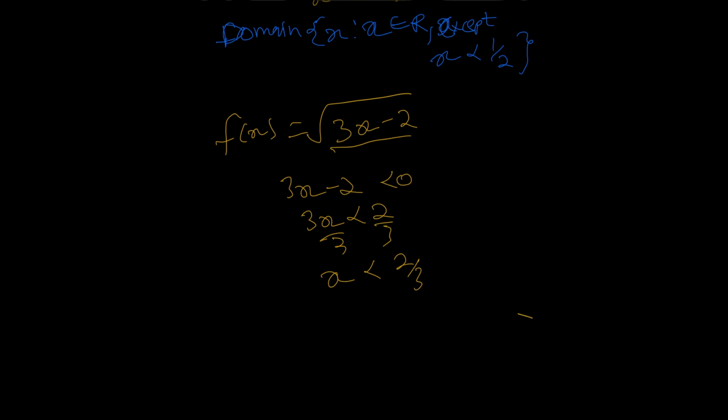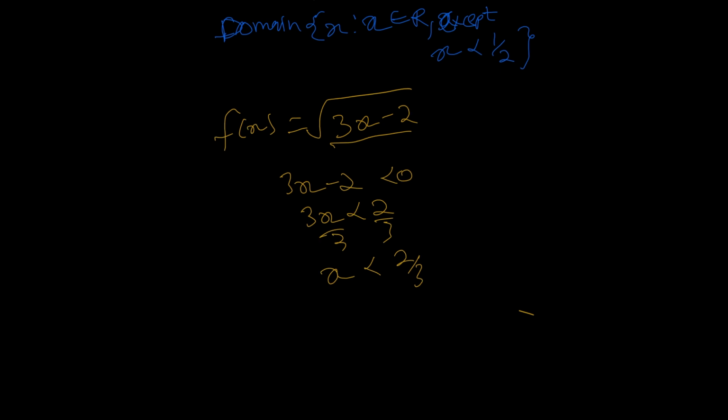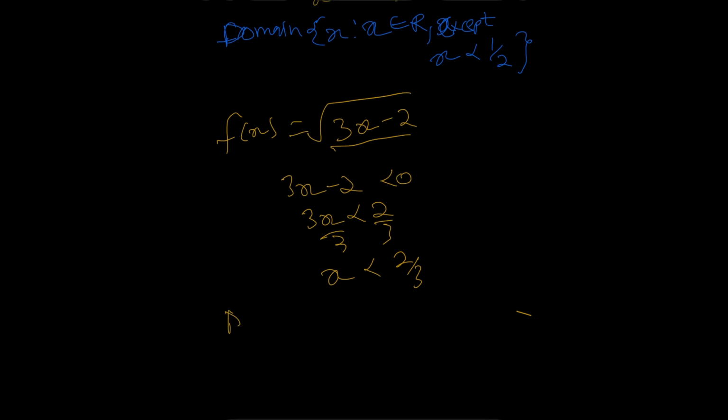Meaning that for all values less than 2 over 3, the function will not exist. If I put 2 over 3 inside, I get 0. But if I put any value less than 2 over 3, I get an imaginary value. So it means that the domain is x such that x is a member of all numbers except x less than 2 over 3.